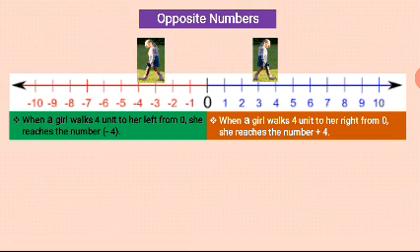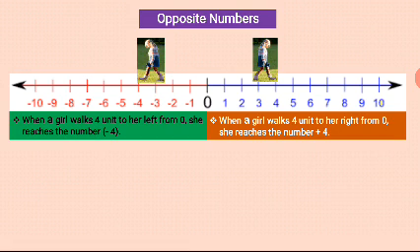The first girl walks 4 units to her right from 0 and reaches positive 4, and the second girl walks 4 units to her left from 0 and reaches negative 4. Understand?